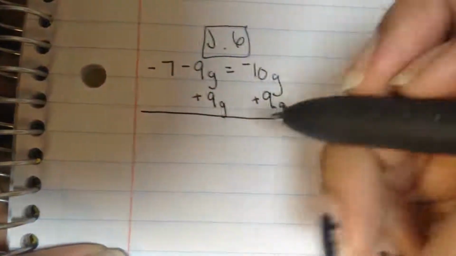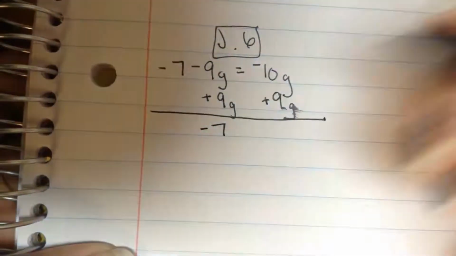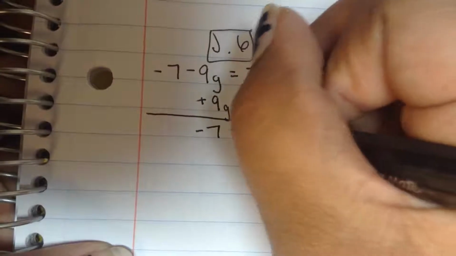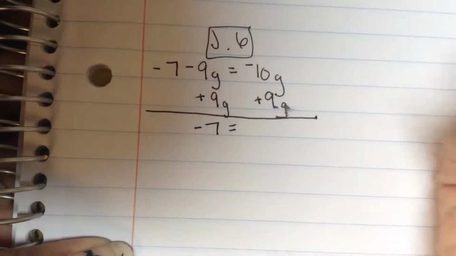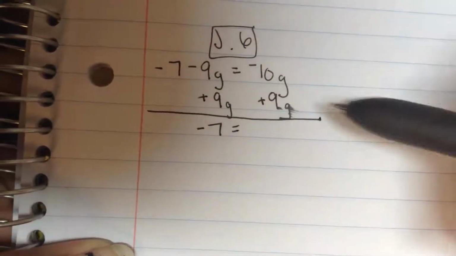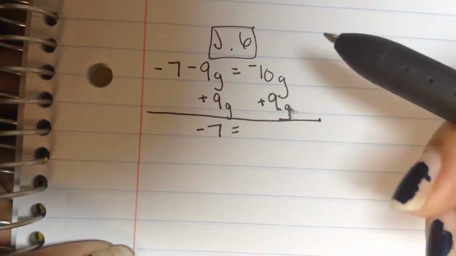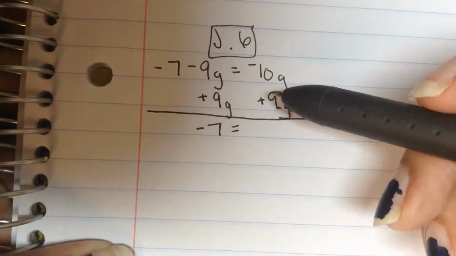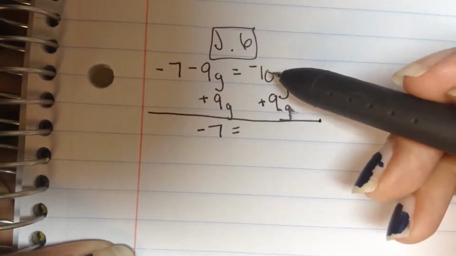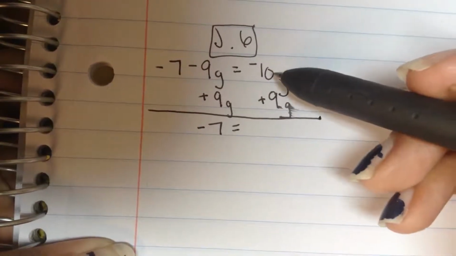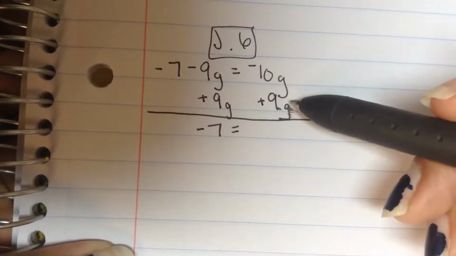Now, -7, all sad and alone because she didn't know how to act. We bring her down. And it equals... -10g plus 9g. When you have to add a positive to a negative, really what you do is you subtract this number from this number.